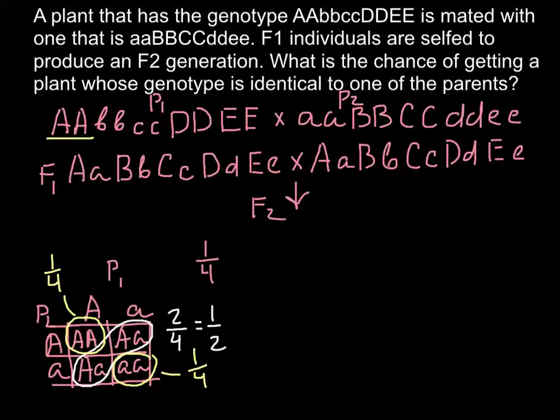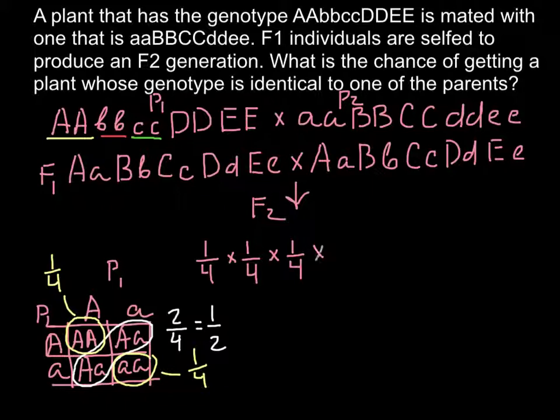And what is the probability that the second allelic pair would be small b? Once again, the chance is 1/4. So we have to multiply it by 1/4 again. And what is the chance that the third pair would be small c? Once again 1/4.